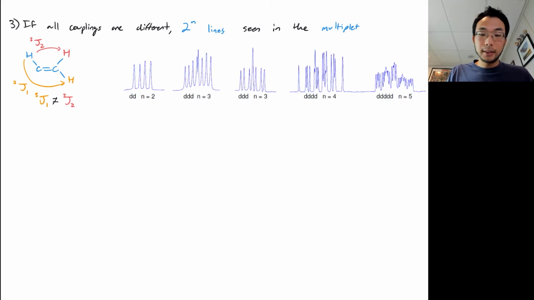The trans J value is the bigger one, and the cis J value was the smaller one. In the data, that corresponds to that distance, and maybe a little hard to see there, but the smaller J value corresponds to that distance.